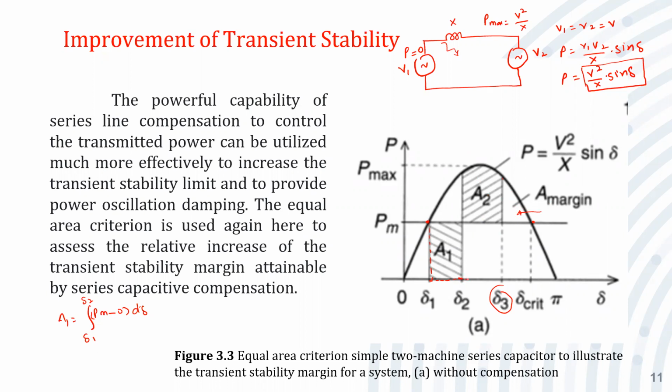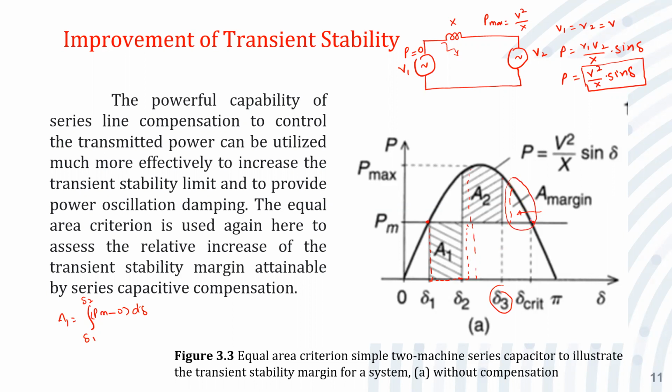If the fault clears over here, definitely the area is going to increase on this side, so again the margin decreases. If the fault is cleared over here, the entire area is utilized, and we can say that there is no margin for the transient stability limit. So our objective is to increase this marginal area.